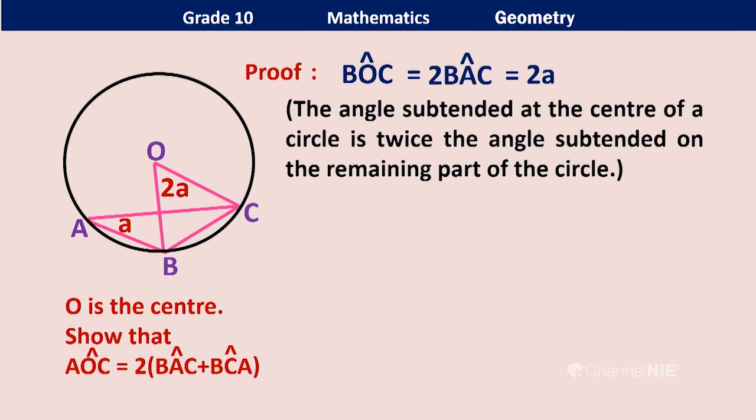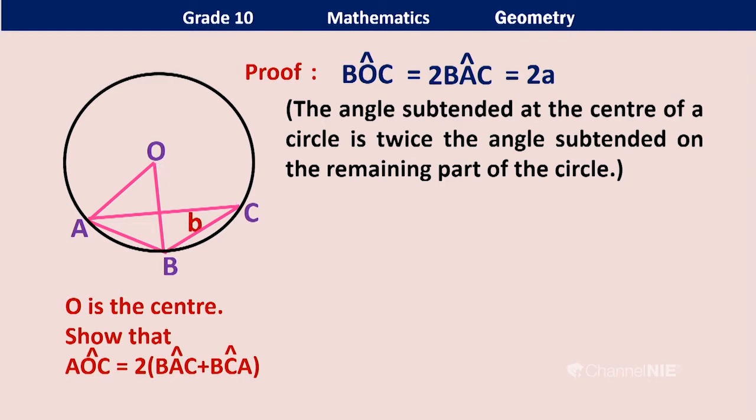The angle subtended at the center of a circle is twice the angle subtended on the remaining part of the circle. Right. Now, we have got a relationship between angle BOC and angle BAC. Right. Next, we will consider the other side.